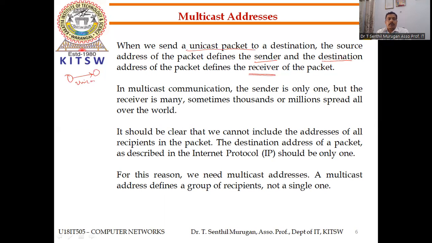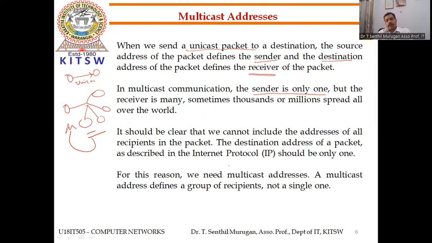But in multicasting, what happens? The sender is only one, but it may reach multiple destinations or any number of members all over the world in different groups. If multiple persons are there, how can we include multiple addresses in the address bar?